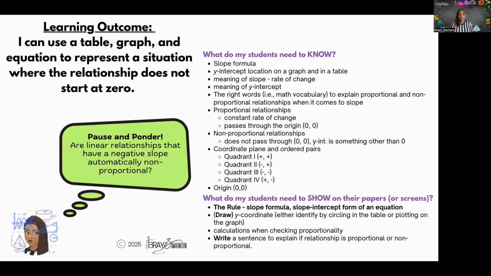If you are using some type of technology, maybe they are showing you the representation on their tool. And then we are writing a sentence to explain if the relationship is proportional or non-proportional. For this lesson, though, we are specifically looking at situations anchored in non-proportional relationships.